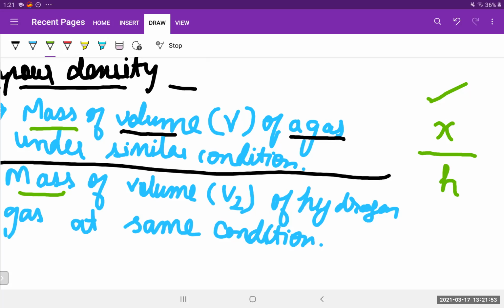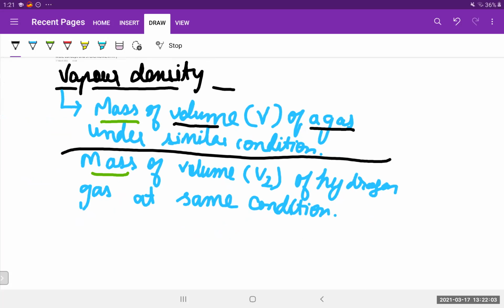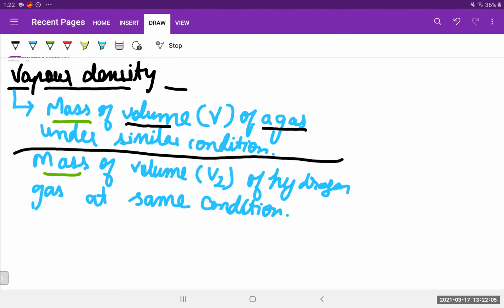These two should be in similar conditions, meaning the temperature and pressure should be same. You just have to do this formula for your examinations. If the definition comes, you can write that vapor density is the ratio of mass of volume of a gas under similar conditions to the mass of volume of hydrogen gas at same condition.